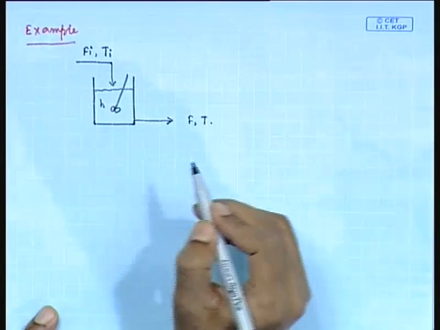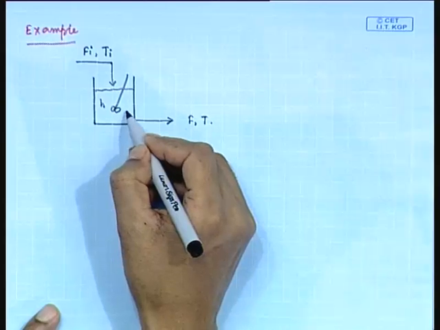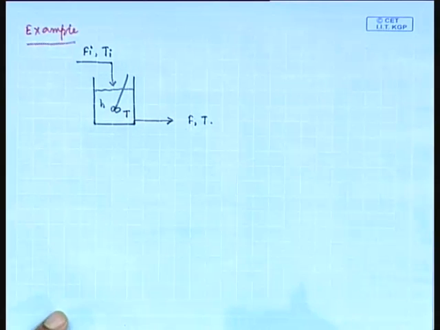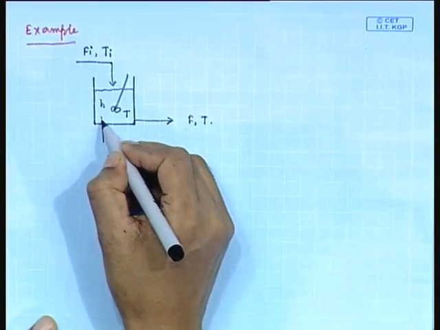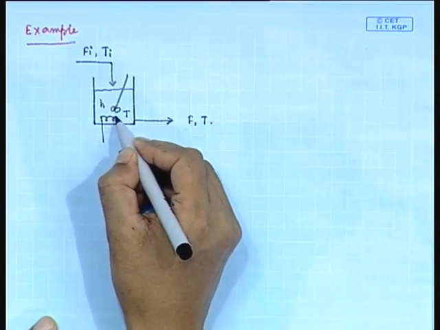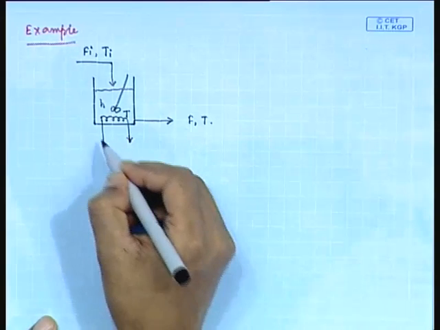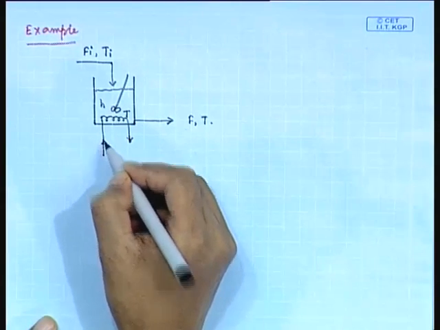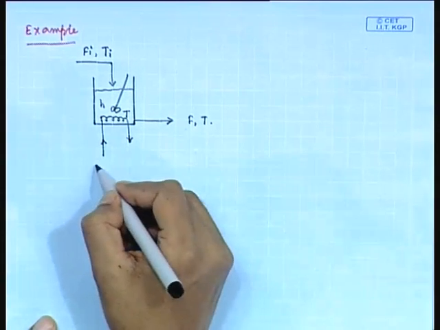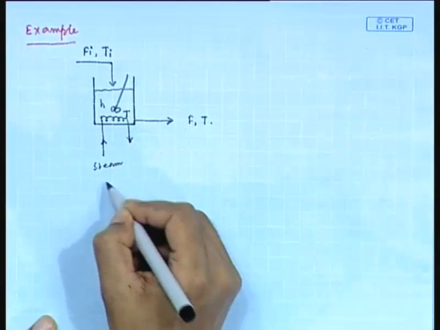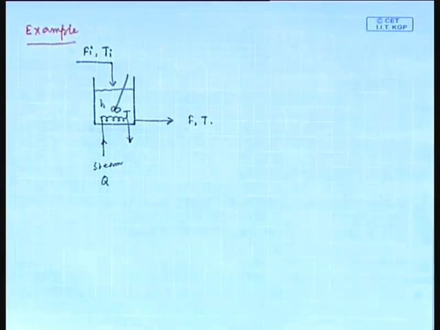Liquid height in the tank is H. Now, the heating medium is passed through this heating coil. Suppose steam is the heating medium and it carries Q amount of heat.